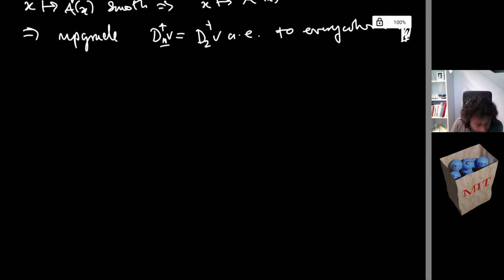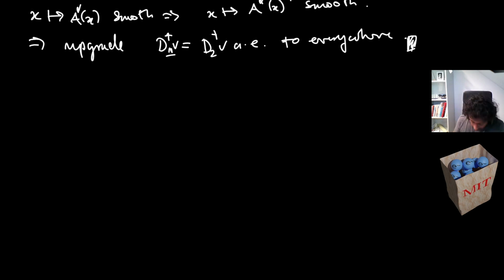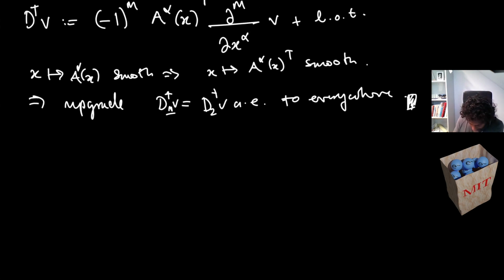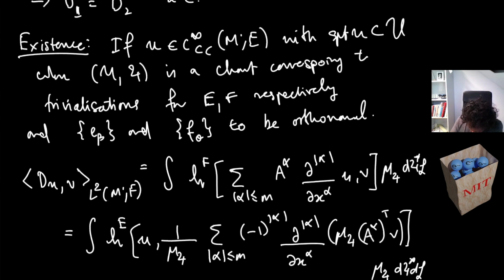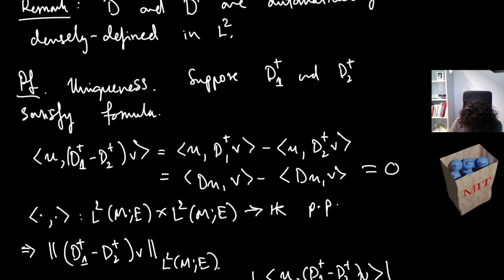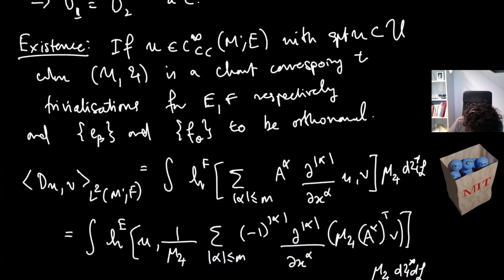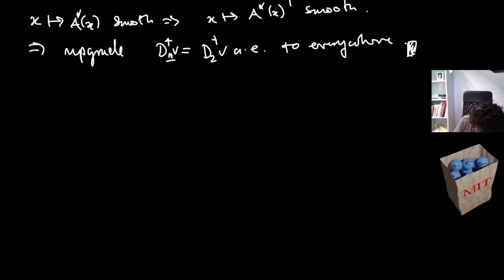Okay, so I don't know if I wrote this down here, that this is called the formal adjoint. Okay, so I didn't define it. Sorry. So this is what we call the formal adjoint. Okay, so definition.